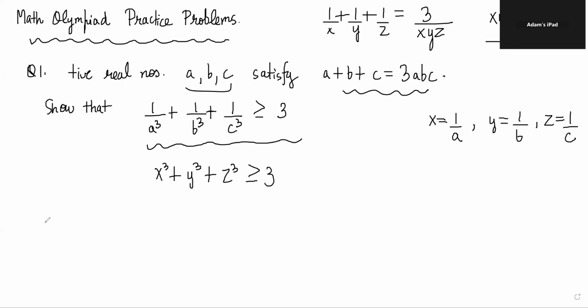Now, if you look at this standard result, that x square plus y square plus z square minus xy minus yz minus zx is always greater than or equal to 0.